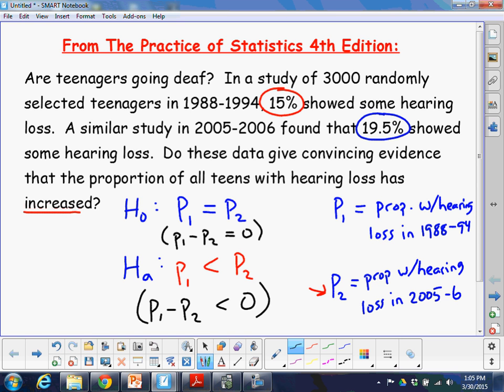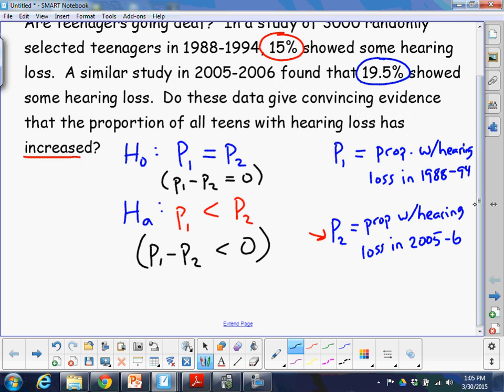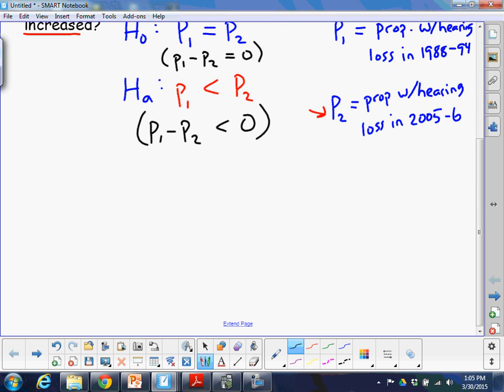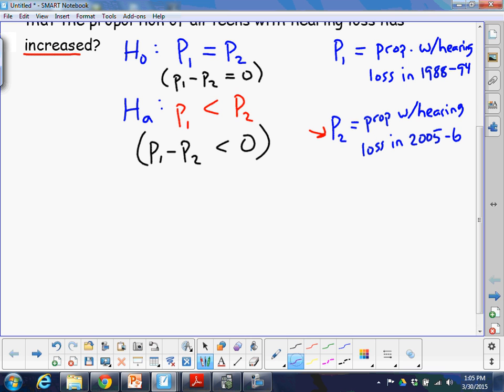let's get our conditions checked just to make sure we can actually do a normal curve and go on with the problem. Okay, so let's get some information out of here. I'm going to kind of divide this up and get some numbers here. What was the first one? 1988 through 1994, I believe it was.